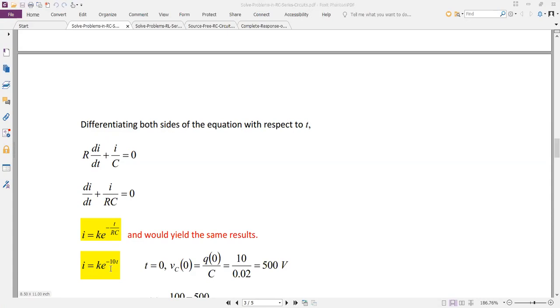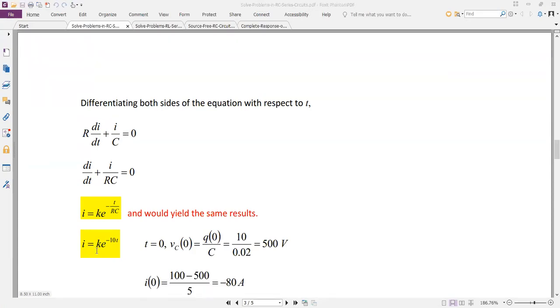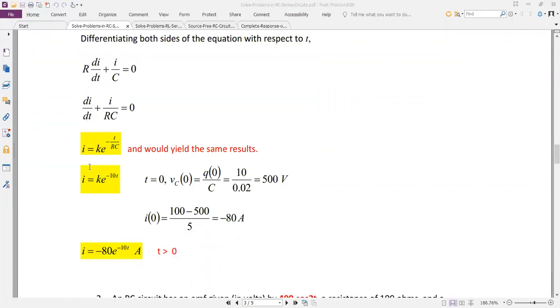In this case, if you substitute what is given in the problem, you will have I equal to K e raised to negative 10t. And again, we have already determined a while ago that our voltage drop in the capacitor at time equal to 0 is 500.